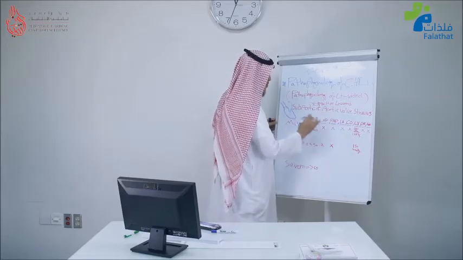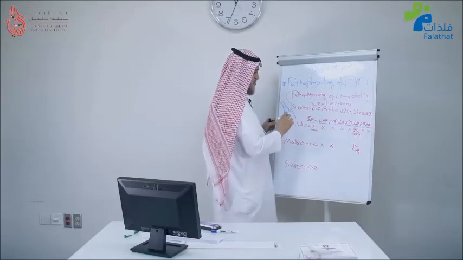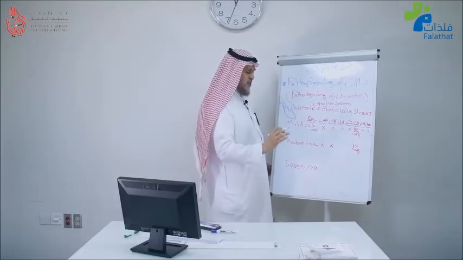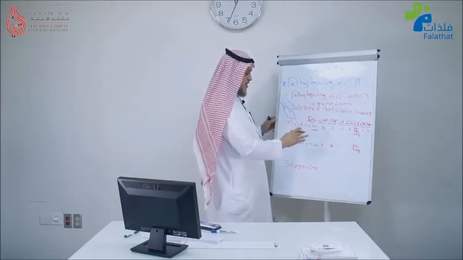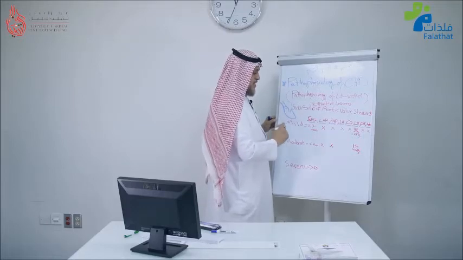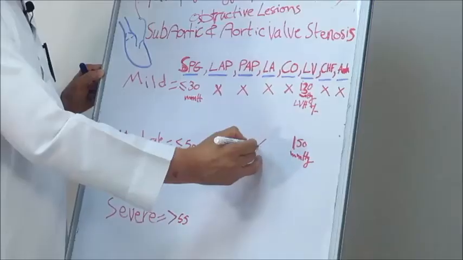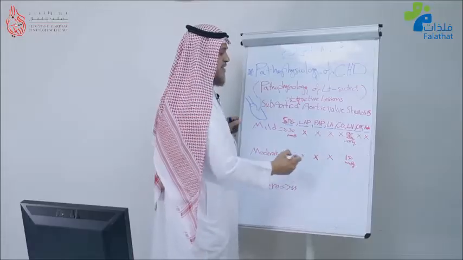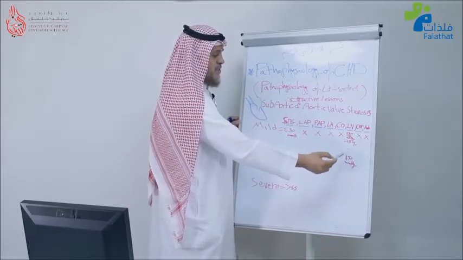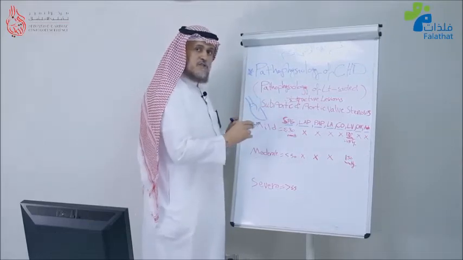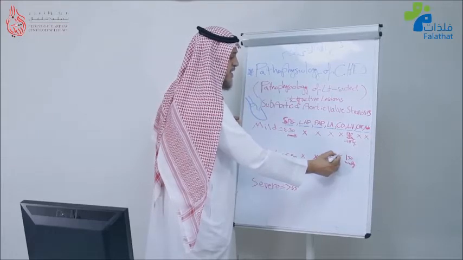LA size, well, if we accepted that the LA pressure is not changing and the left ventricular end diastolic pressure is also maintained, this is not a very, very long standing systolic hypertension of the left ventricle, then left atrial size should not be affected. And if the left ventricle is able to generate this pressure with a maintained systolic function, then cardiac output is also not affected at rest.